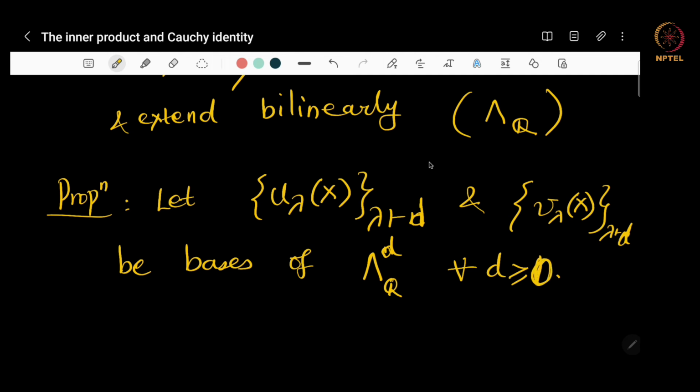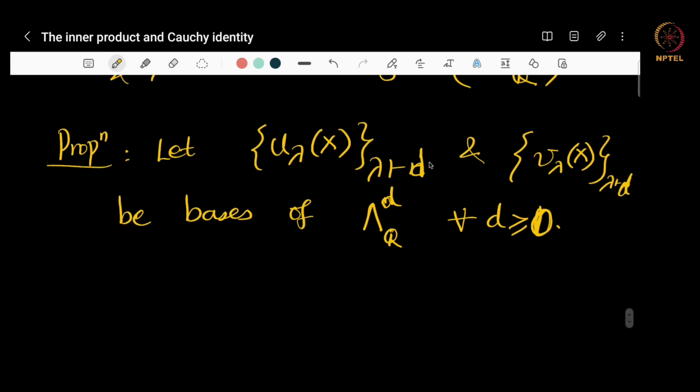Degree 0 is just the constants. So you pick bases of the degree d symmetric functions for all d. Then the following two statements are equivalent.